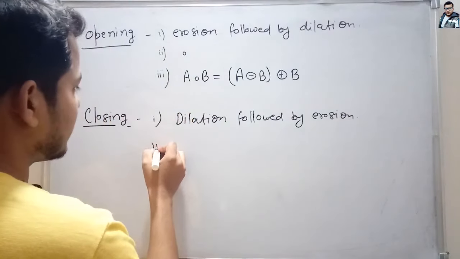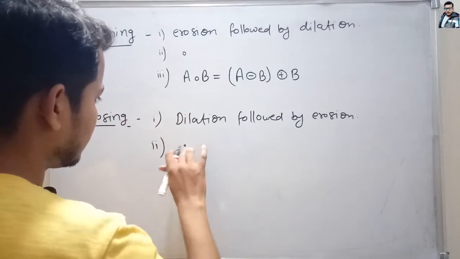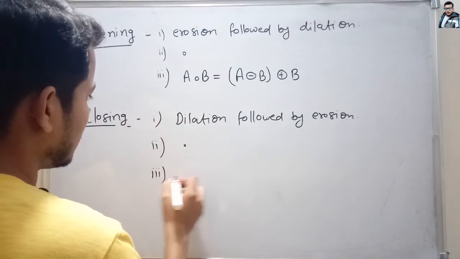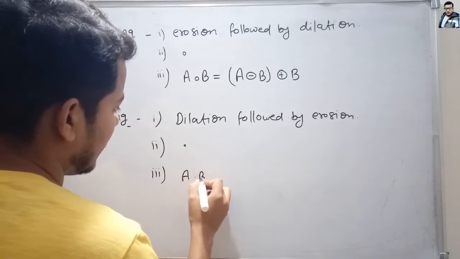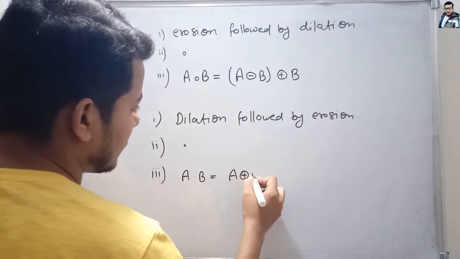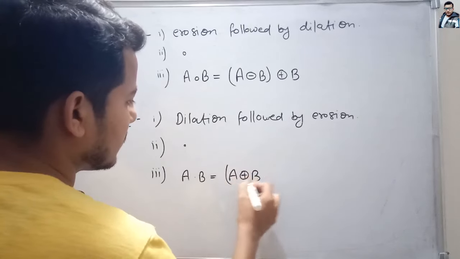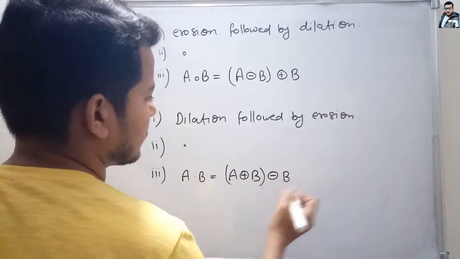It is represented by this dot symbol. So closing of A and B will be equal to first dilation and then erosion.